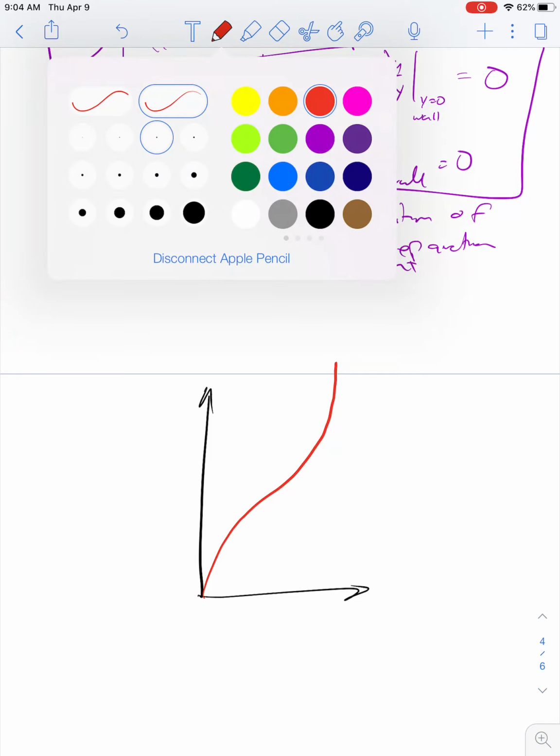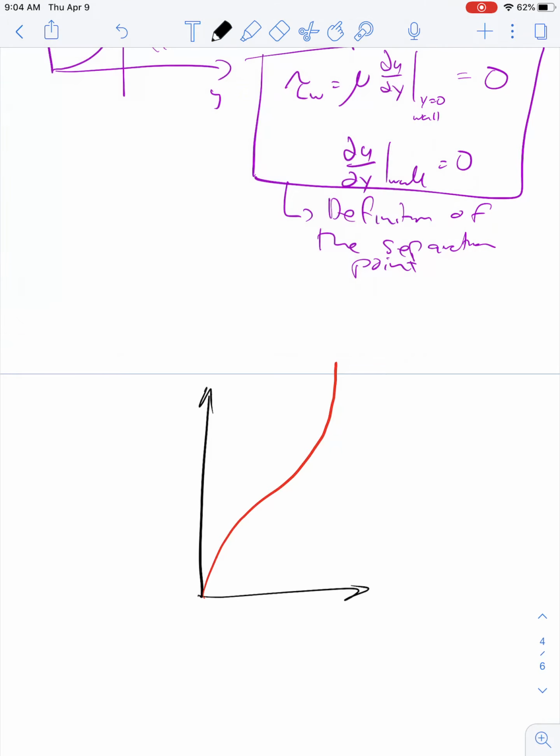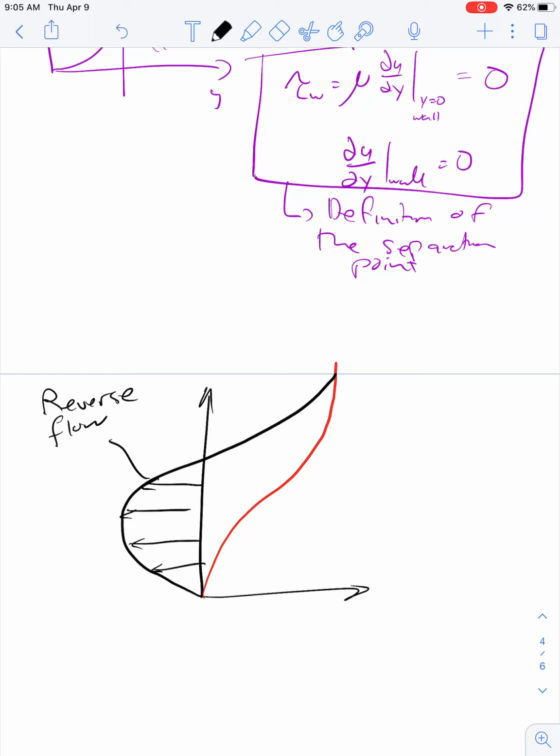Now what's going to happen after separation is that the flow is going to go in the opposite direction. It'll be negative and then slowly move back towards what it was in the positive case. So we actually have this negative flow, which we're going to call reverse flow. And this reverse flow is what was happening in the wake of that airfoil that you saw in the video.